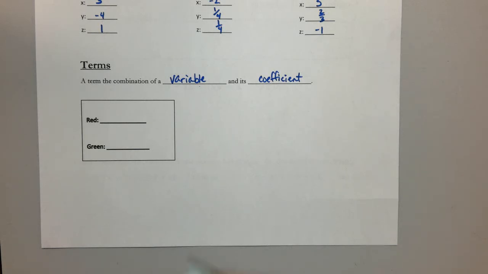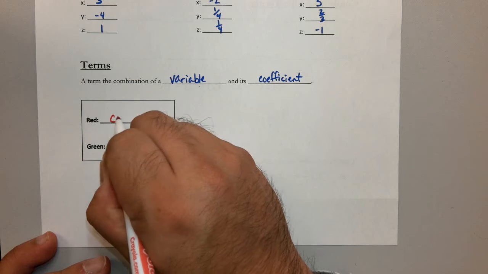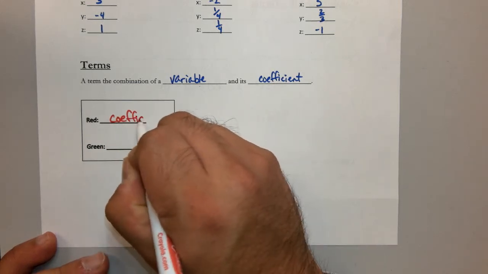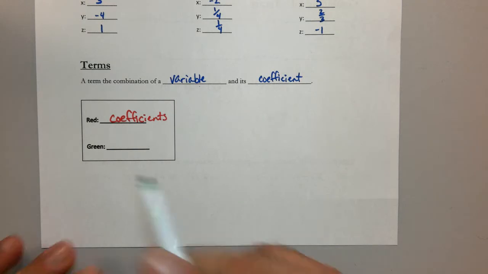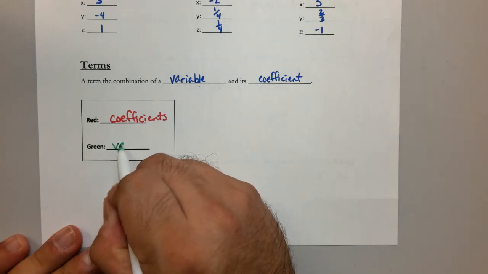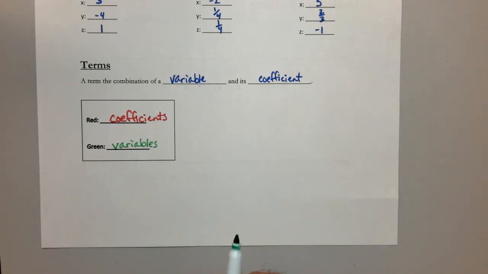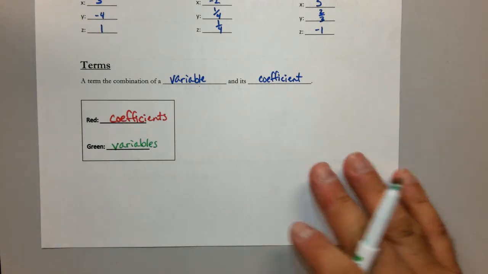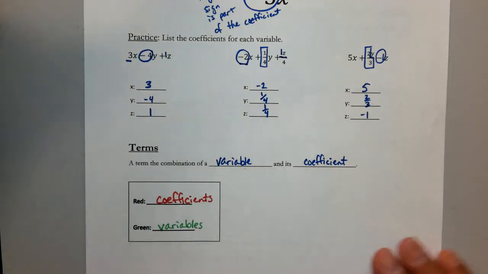So let's just say that for right now, our coefficients will be red, and our variables will be green. I'm going to take the first example that we did together, this 3x minus 4y plus 1z.